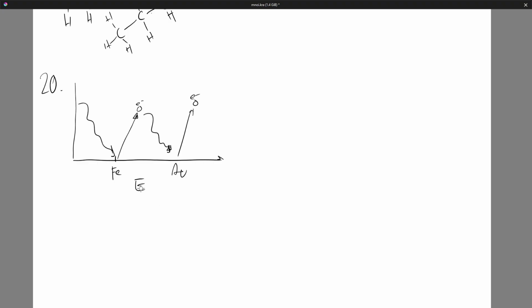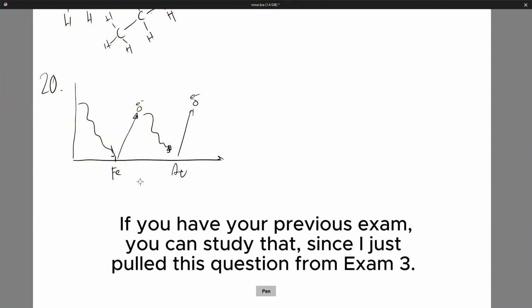Scratch that. This isn't energy, this is frequency. I think it's like V. And the y-axis is kinetic energy. So the excess energy goes into making the electrons shoot off faster.